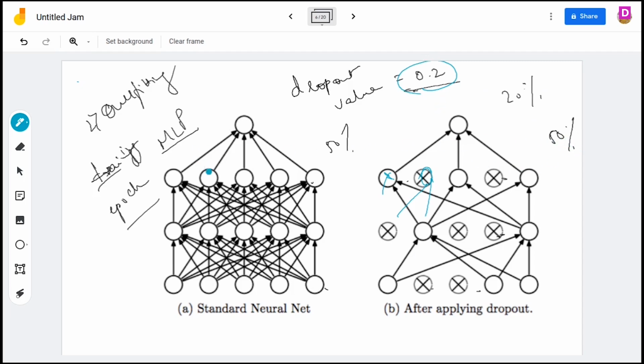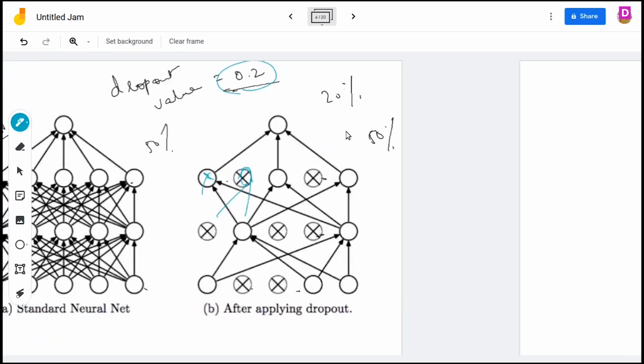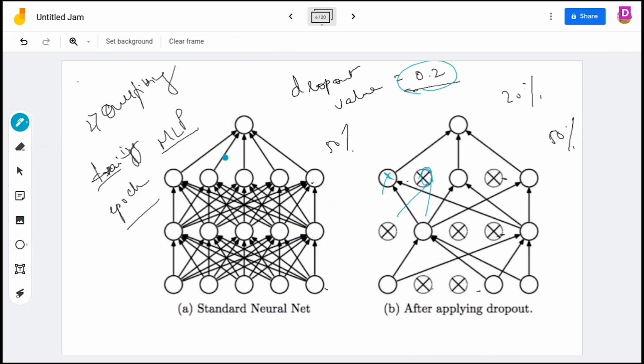What this helps with is the thinning out of layers. This is basically called thinning out layers. The layers have been thinned out, that means random neurons have been removed. So why is this useful? With thinning out, at any point of time very few neurons are active.